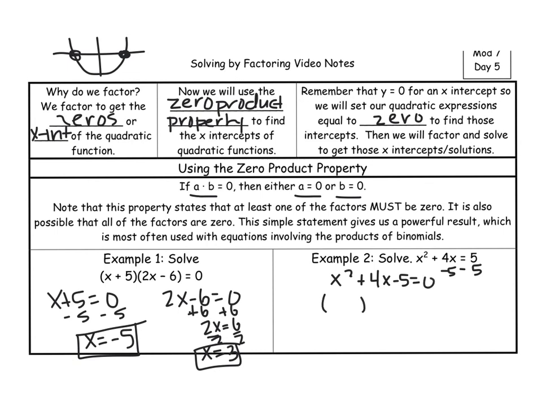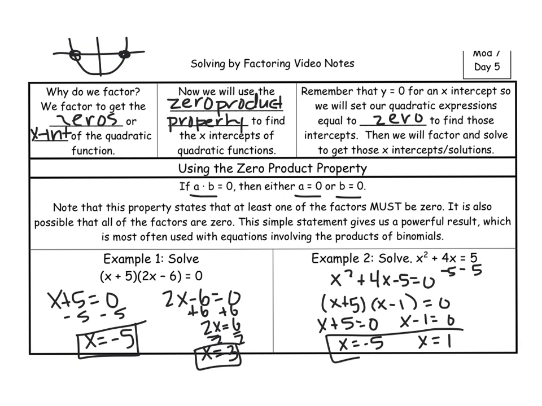And now we can factor this. So we're looking for the factors of negative 5 that give us a positive 4. So that would be a positive 5 and a negative 1. And we know that if that equals 0, one of them had to equal 0. So we set them each equal to 0 to find the possible x values. So it can be x equals negative 5 or it can be x equals 1.